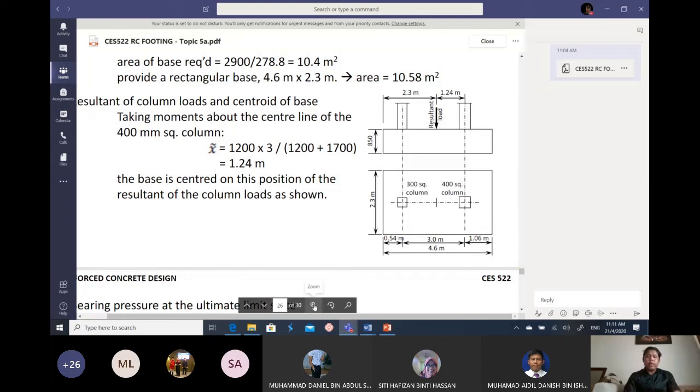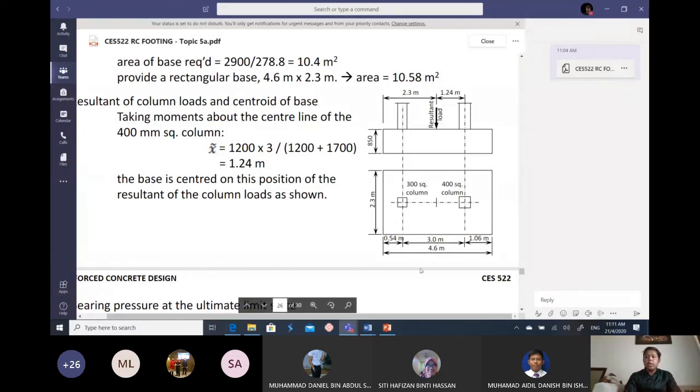So in order to make sure that your foundation does not become a combined footing, you have to make sure the positions of your columns are quite far from each other, at least more than 3 meter, so that it will not have a combined footing like this.